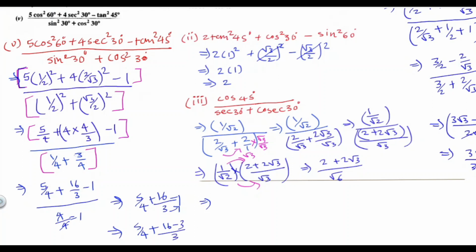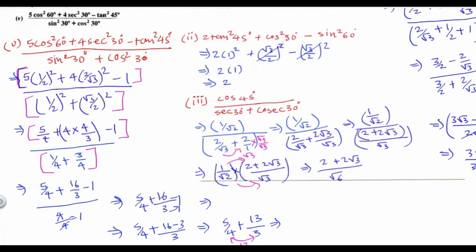Okay, let's do some more steps. Just 5 by 4 as it is, plus 16 minus 3 is 13 by 3. Okay, now let's take the LCM of the denominators here. The LCM will be equal to 12. So we have to multiply the first term with 3 and the second term with 4.